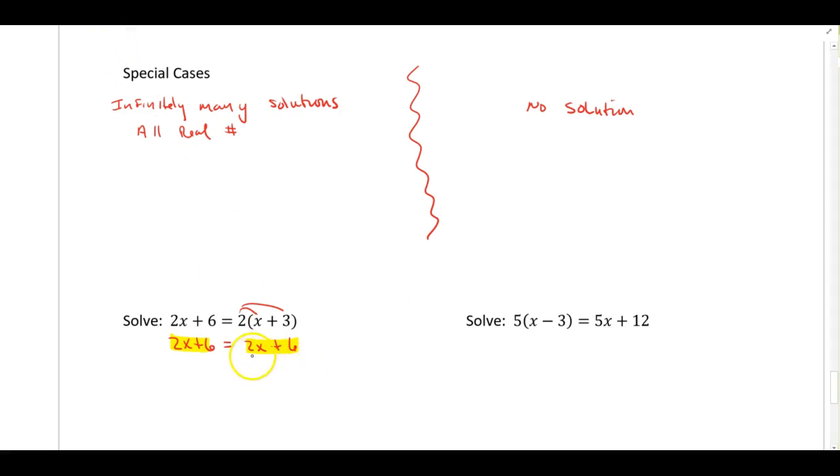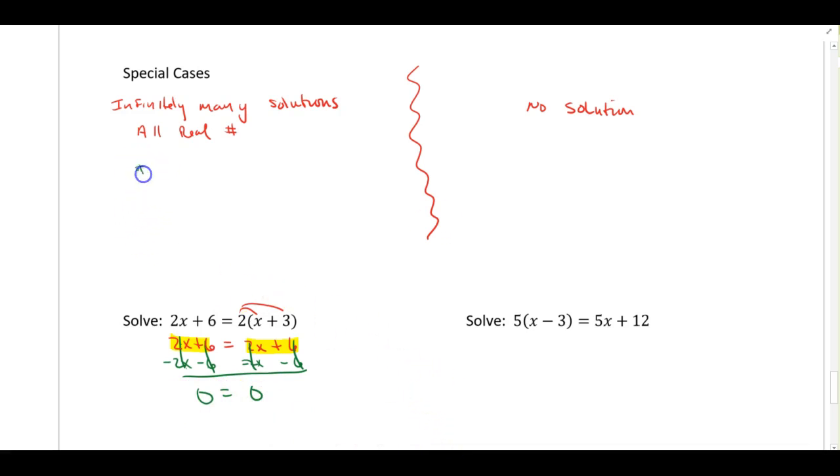Now when I go to solve this, I'm going to subtract 2x, then I'm going to subtract 6, and what you notice here is you end up getting 2x minus 2x is 0, 6 minus 6 is 0, equals 2x minus 2x is 0, 6 minus 6 is 0. You get 0 equals 0.